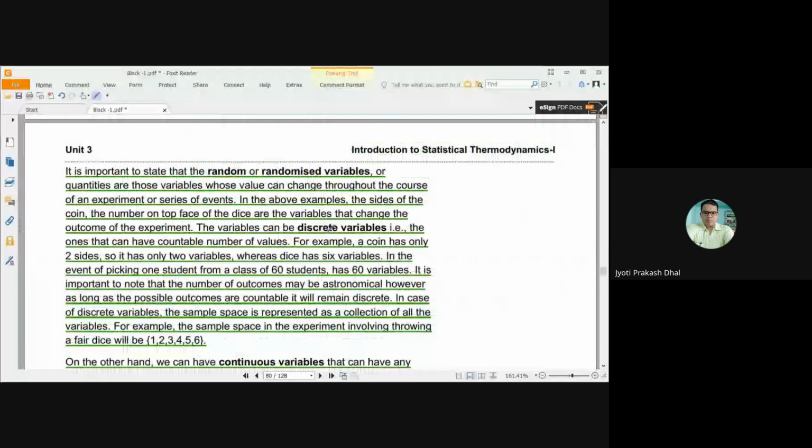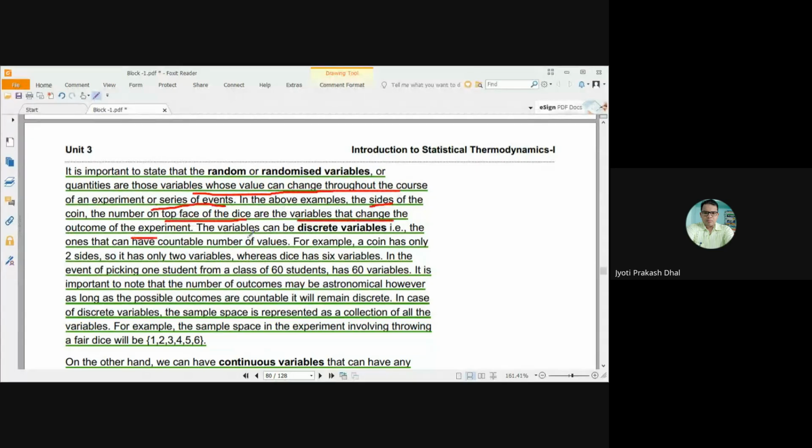It is important to state that random variables or quantities are those variables whose value can change throughout the course of an experiment or series of events. In the above examples, the side of the coin or the number on the top face of the dice are the variables that change the outcome of the experiment.